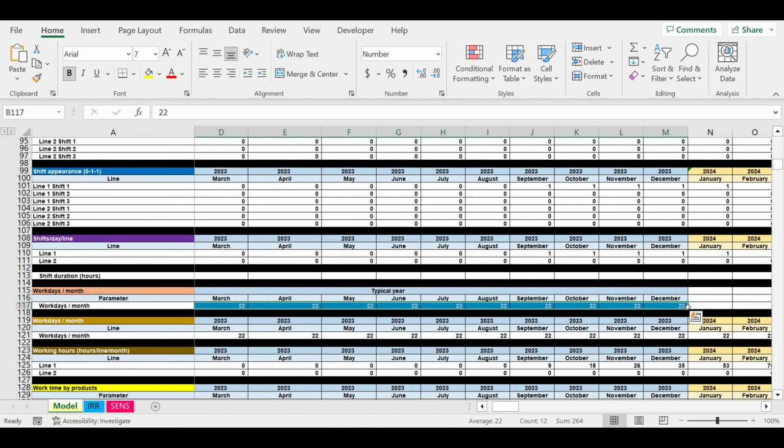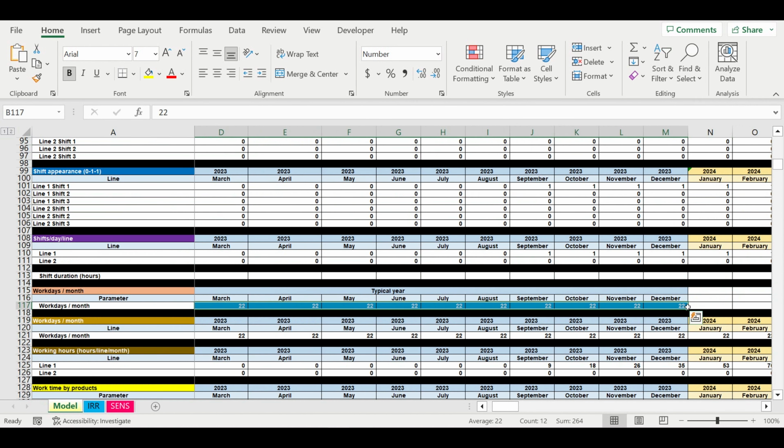And here we can easily increase or decrease the direct costs dealing with raw materials. So for example, we can see what will happen if our raw materials rise by 50%.